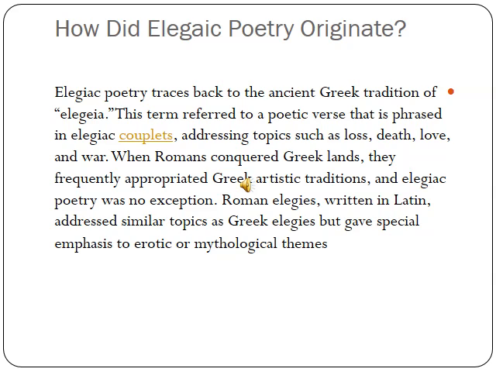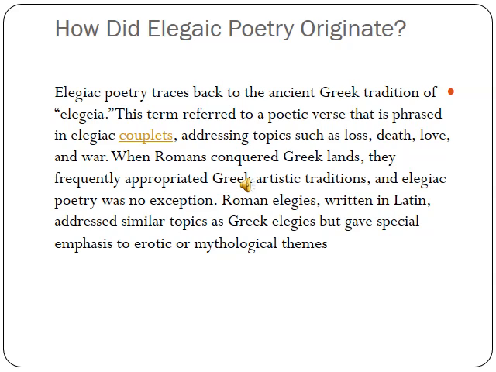Elegy is from the ancient Greek tradition of elegia. The term refers to poetic verse written in elegiac couplets, addressing topics such as loss, death, love, and war. This type of poem is very touching in our country because there are many wars and many losses. Inshallah, bless them, and in Jannah.